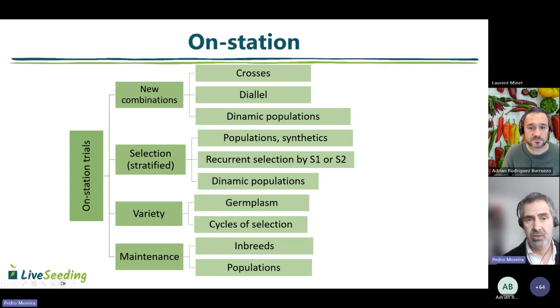We can also have dynamic populations, synthetic populations, and then we also do selection in the synthetics. We can use recurrent selection by S1 or S2. This could also be in the farmer's field, but for this you need to instruct the farmer, and the farmer needs to be really excited about doing this.